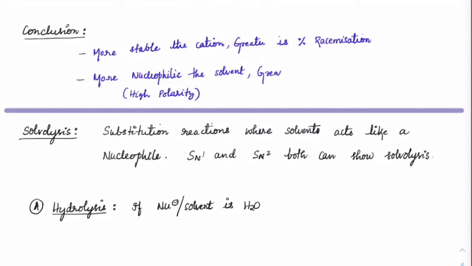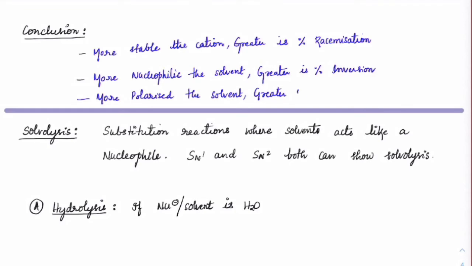Hence, the more nucleophilic the solvent, greater is the percentage inversion, because that will attack faster, and the more polarized the solvent, greater is the percentage racemization.